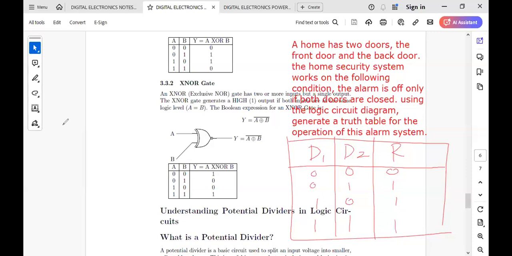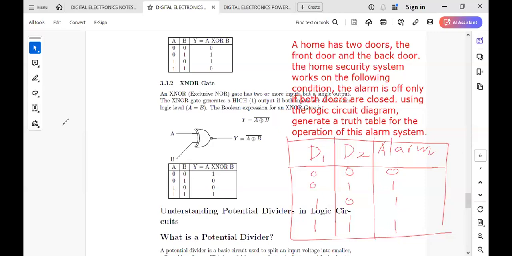The result, let's call it the alarm. Here we are seeing that the alarm is off only when both doors are open, and it is on for the rest. So this one does not work out.